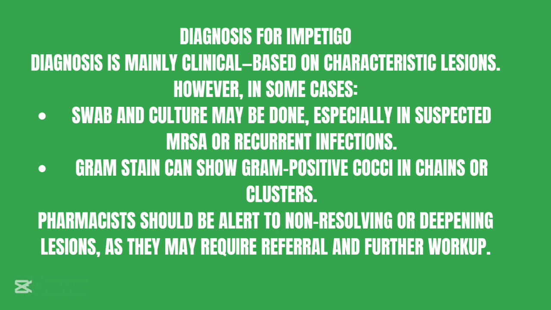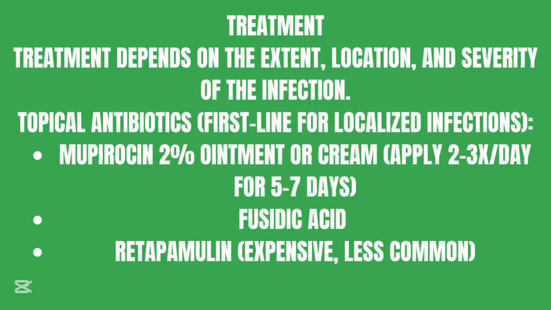Diagnosis of impetigo is usually based on the characteristic lesions, but in some cases you do a swab and culture test, especially in recurrent infection. You do a Gram stain to know if there are Gram-positive cocci in chains or clusters.